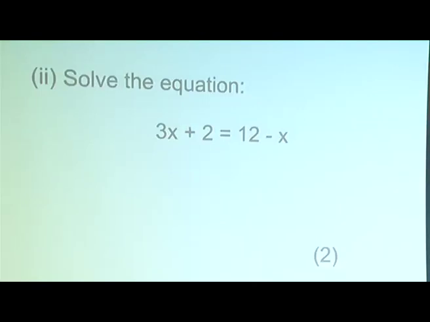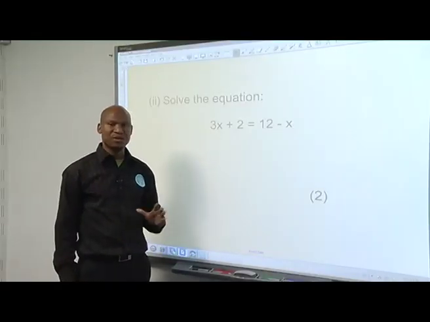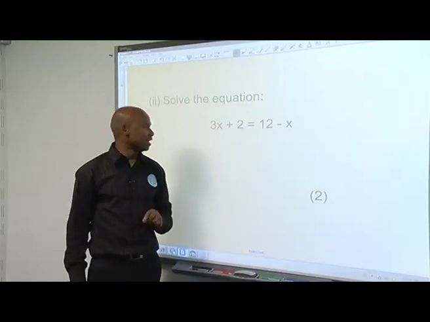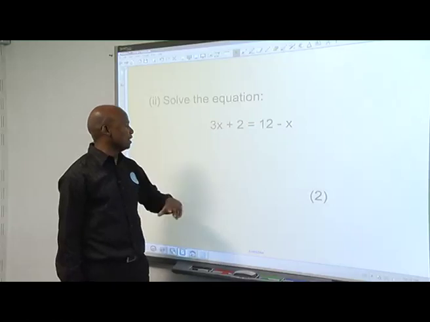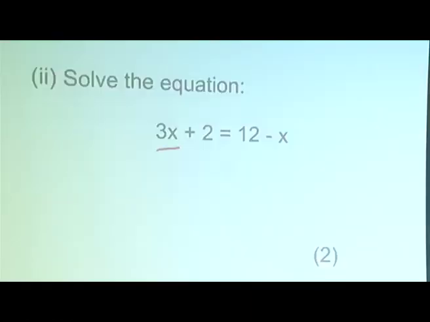Now, in this equation, we need to know that we are solving for the unknown variable, and our known variable here is x. This is common, and there is no difficulty in solving this. So you are going to get it in an exam, because this is very easy. Now, we can see that we have 3x this side.